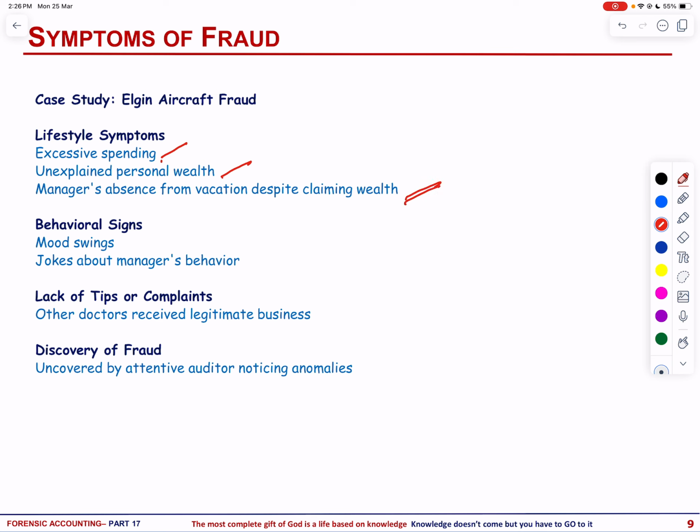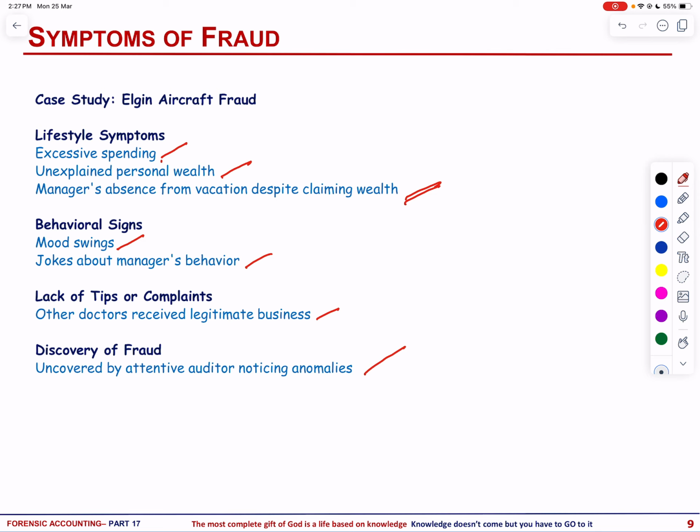Behavioral signs such as moods and jokes about the manager's behavior were also observed. Surprisingly, there were no employee tips or complaints, as other doctors received legitimate business. The fraud was only uncovered when an attentive auditor noticed the anomalies.